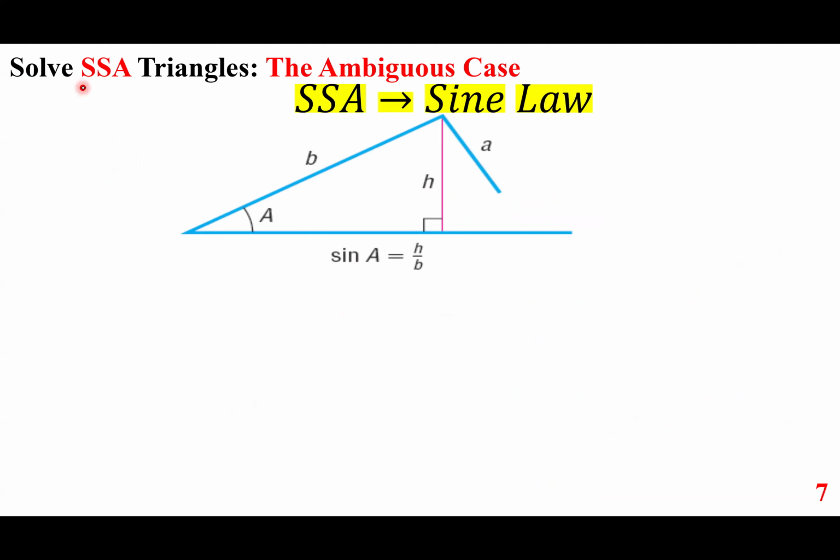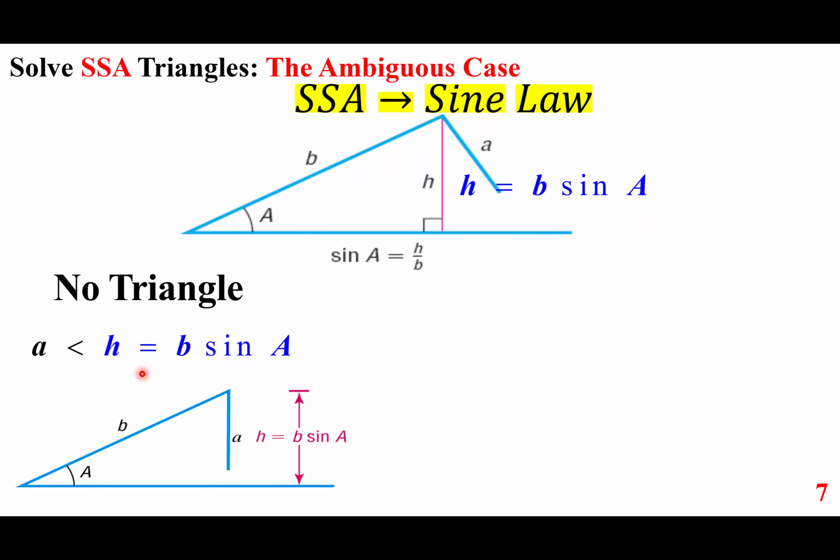So reminding you, when we solve side-side angle, we end up with several cases. That's why it's called the ambiguous case. Side-side angle, we use the sine law. If h is b sine A, and a is less than h, which is equal to b sine A, we have no triangle.